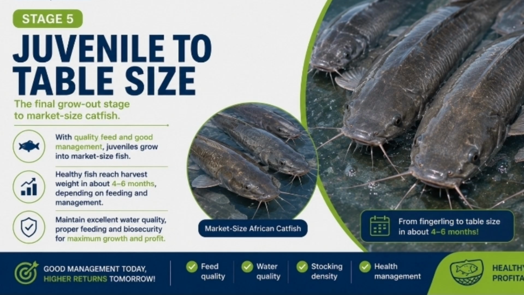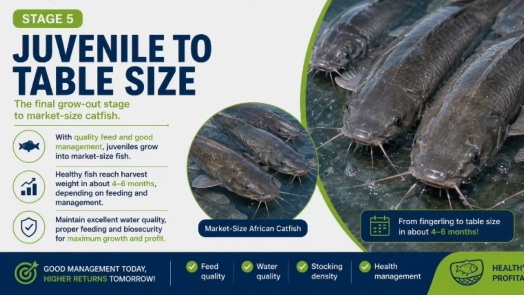While some will raise it up to the very big size, that is at 6 months max, getting to around 800 grams to 1 kg to 1.5 kg thereabouts at 6 months, depending on feeding and your management. And you can tap into any of the value chain of these stages. Like I have mentioned in this video, each of these stages, some decide to stop at a particular stage and sell out, while some decide to go all out till they get to about 6 months before they sell the very big size of catfish.